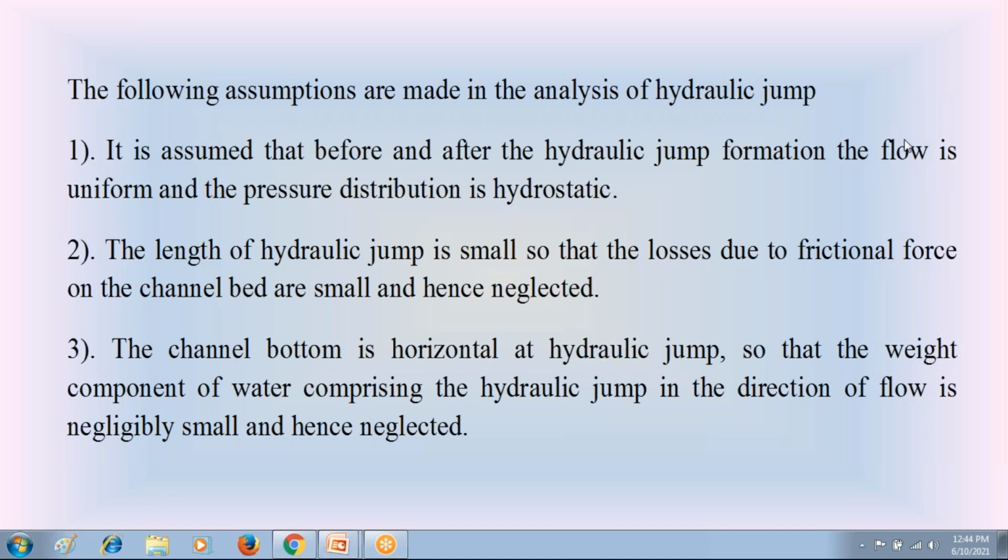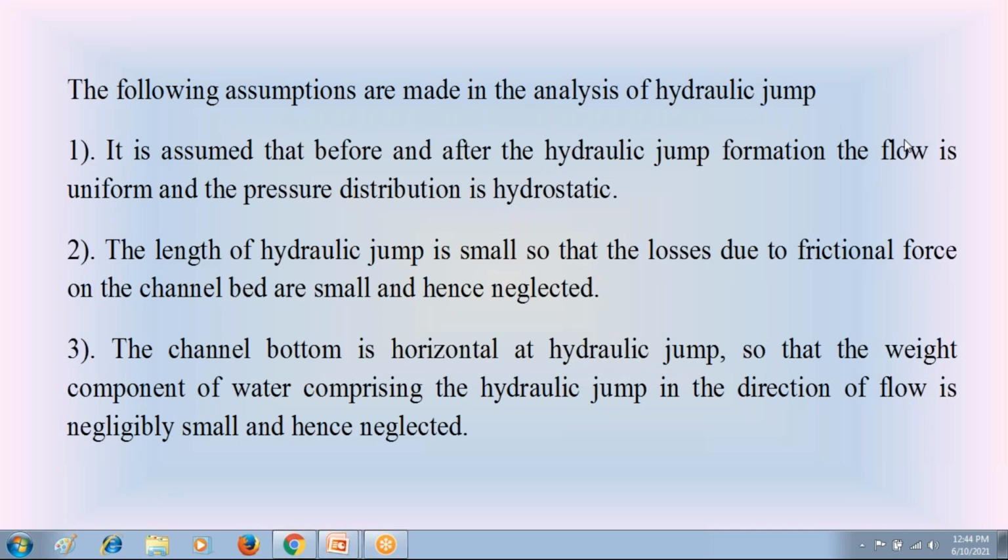So please everyone read that first assumption. If you have doubts about that first assumption, please ask me and discuss with me.